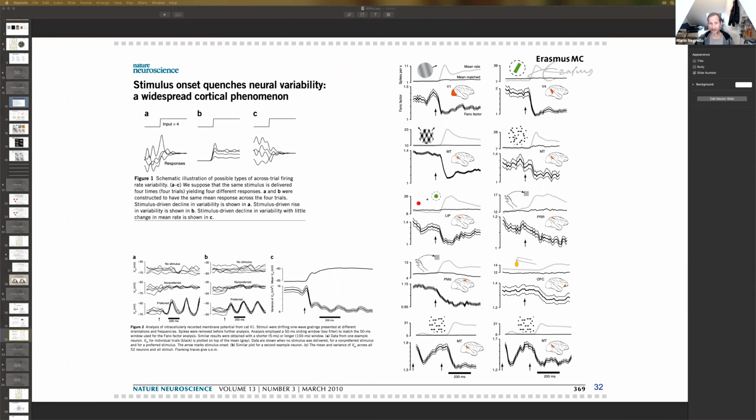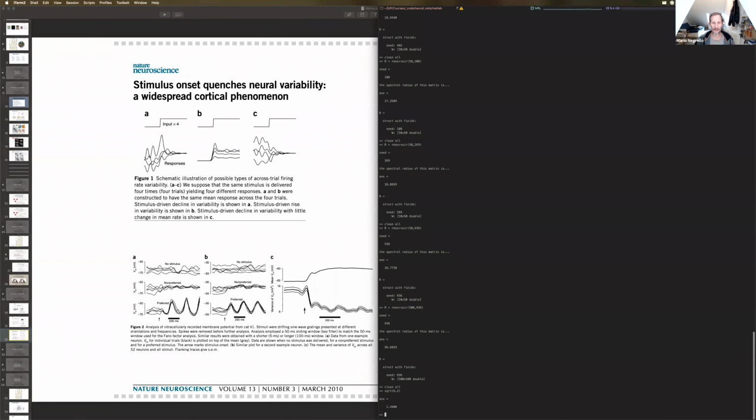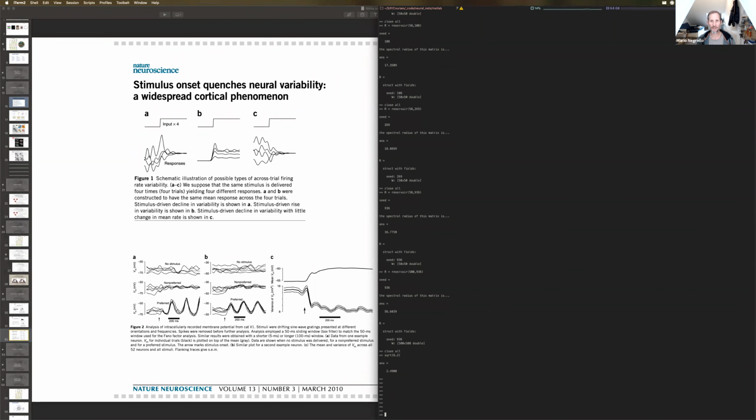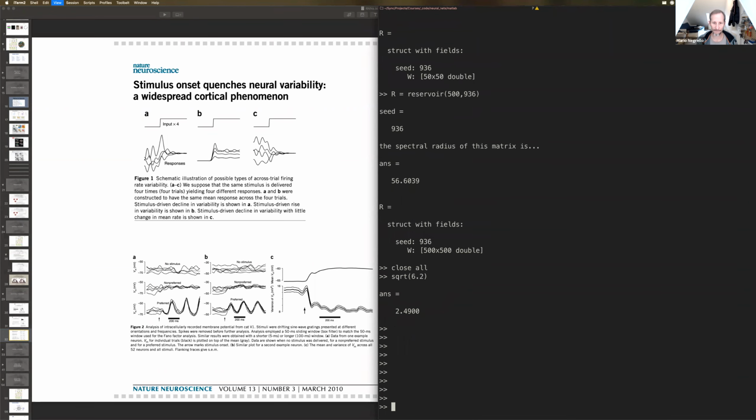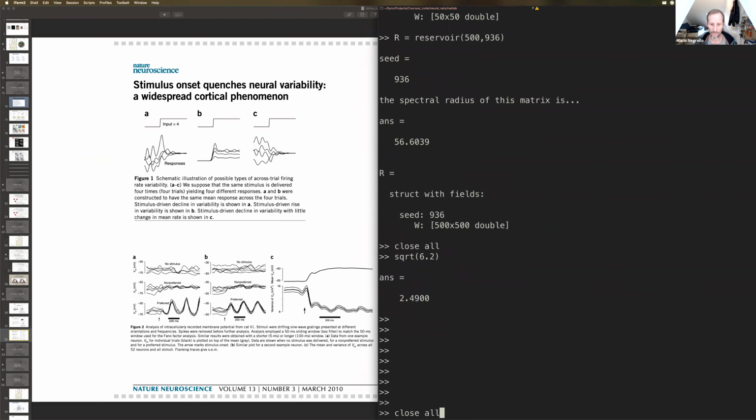I have my MATLAB already fired up, and I wrote a function called reservoir. It creates a dynamical reservoir of 15 neurons. There will be a reason why I'm using this word.